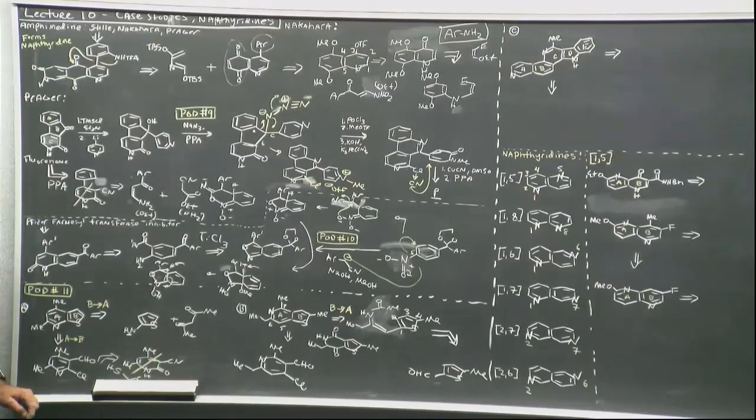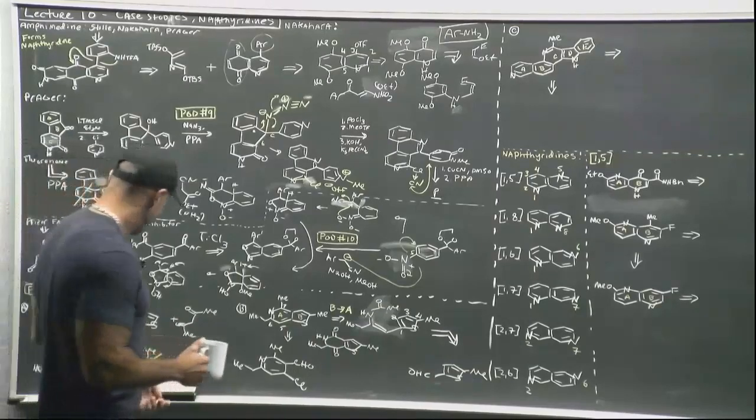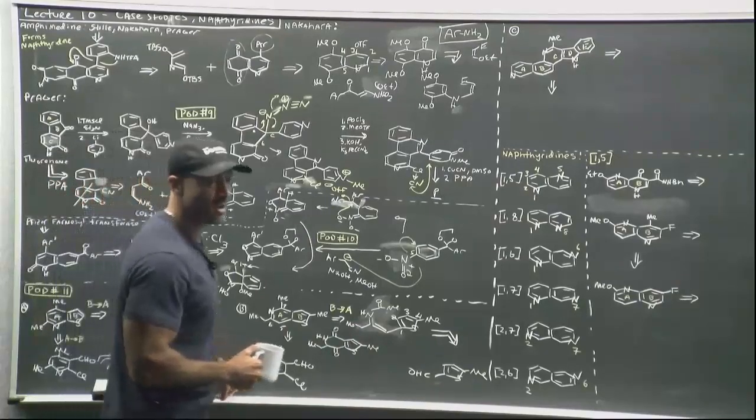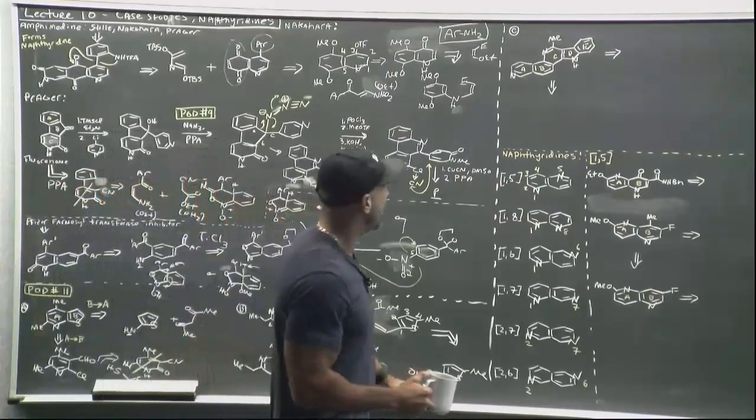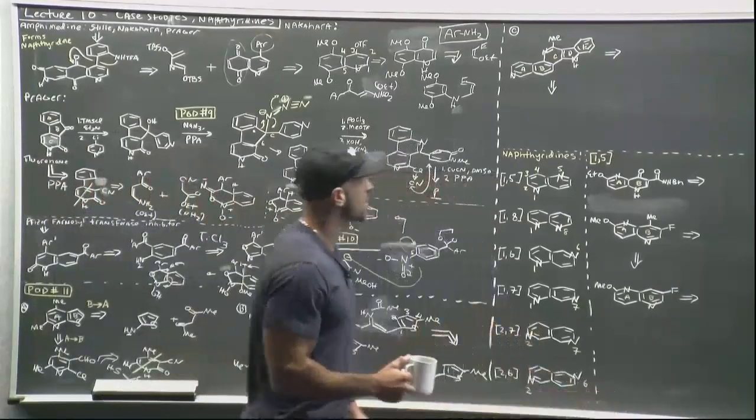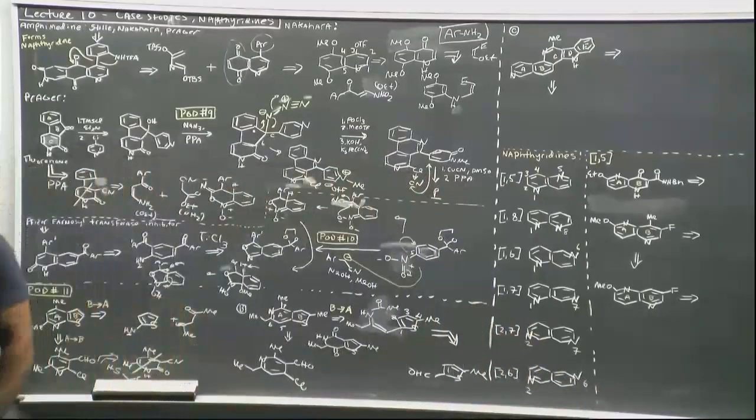Okay, great. How about C? I'm worried because there's so many positions we can number on this one. But why don't we just do it by ring lettering? And all I'm looking for here is your instinct on where to cut.